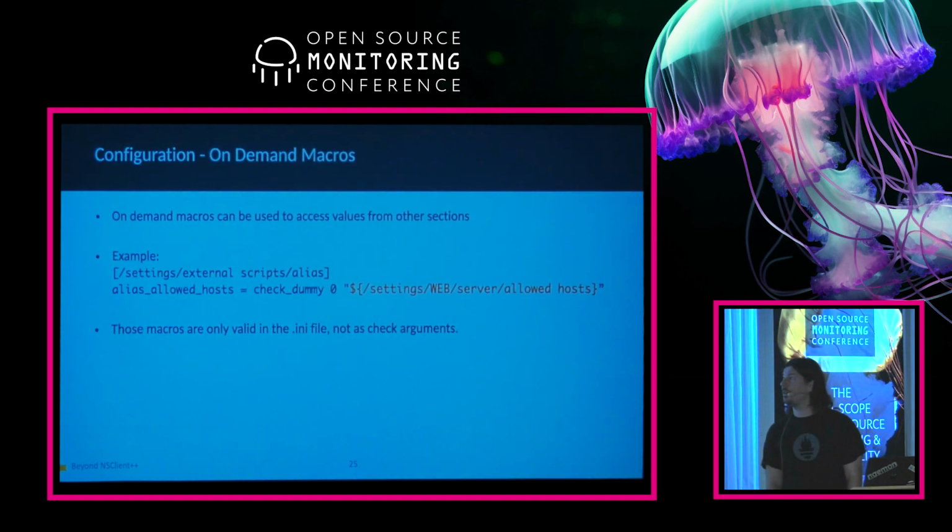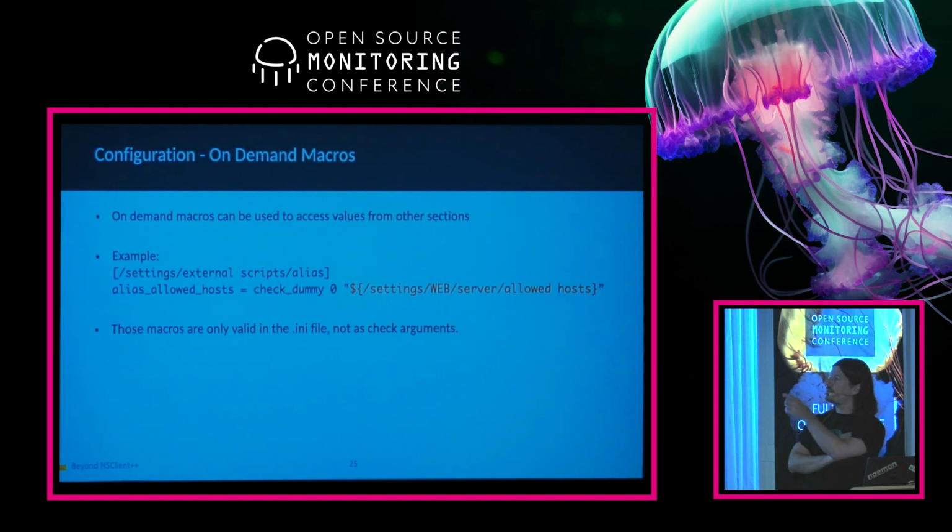But the new thing is you can use on-demand macros, so you can access values from other sections as well. This is just an example. We have a dummy check defined here, and it just dumps out the allowed hosts. There's an actual use case for that, because we want to have a check verifying that the allowed hosts list looks like we want it to.